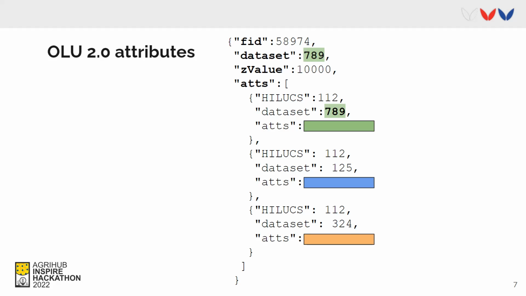But because it's at a higher level of hierarchy, it has some joined attributes from the previous, small scale datasets. This means there is another set of attributes from dataset 125 and some attributes from dataset 324. So you can see more attributes in one geometry.